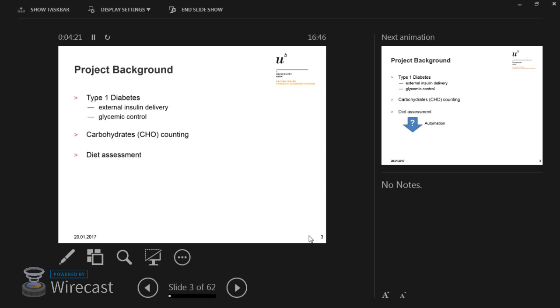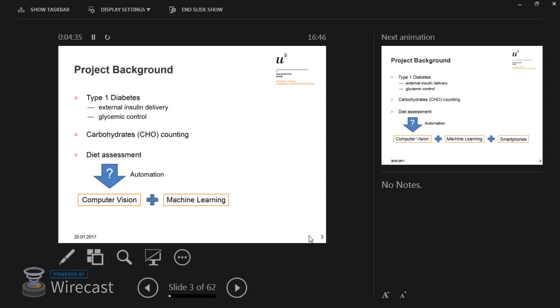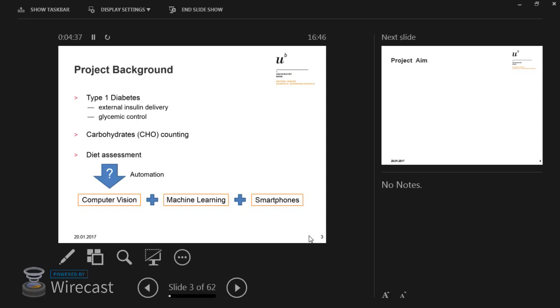The question in itself was, can we automate that with some computer vision, which is trying to process images with computers and figure out what's in there, to use machine learning as well, and especially to use the smartphones that we find just about everywhere now.